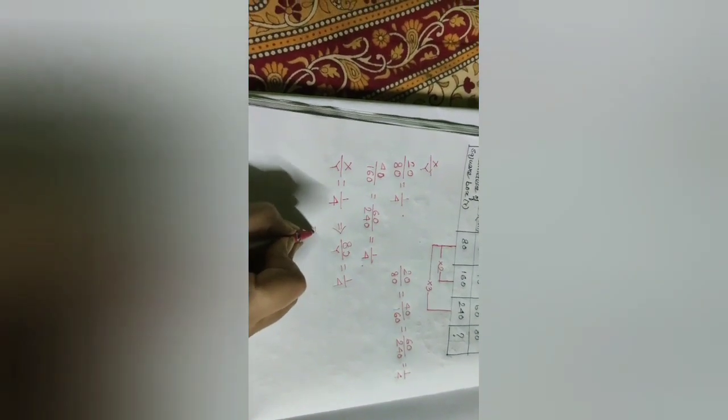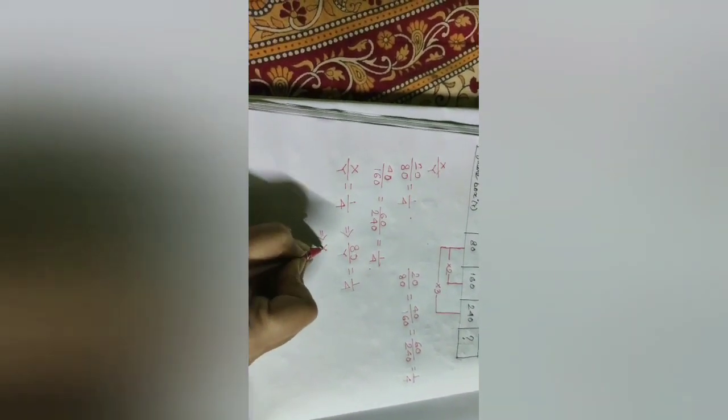Then by the cross multiplication method, y is equal to 4 into 80, that is equal to 320.